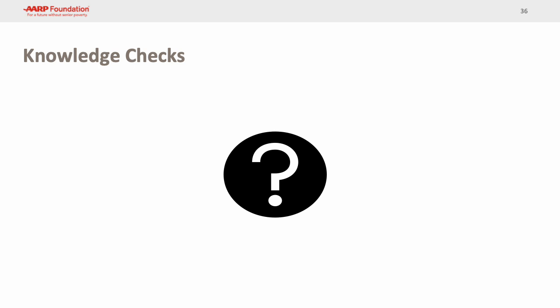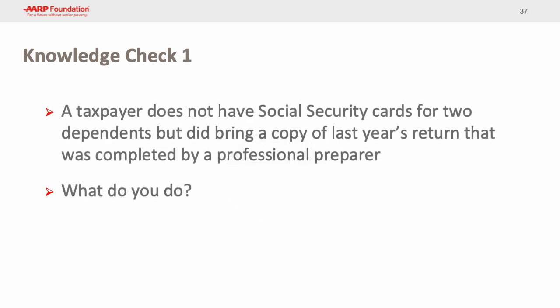Okay, knowledge checks. Let's check what we've learned. Knowledge check 1. A taxpayer does not have Social Security cards for two dependents but did bring a copy of last year's return that was completed by a professional preparer. What do you do?